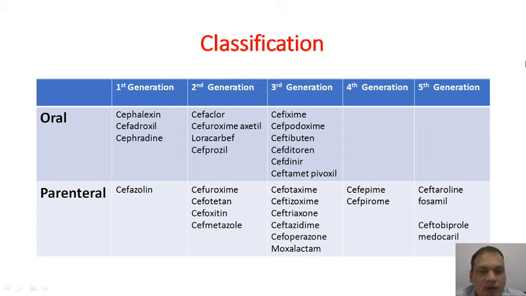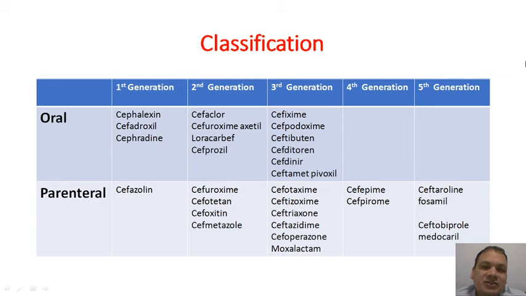Okay. So once again, cephalosporins, they have been classified into the 5 generations, depending upon their antibacterial spectrum. So how do they differ in their antibacterial spectrum? If you can remember this much, that the first generation, they are active against your gram positive cocci.